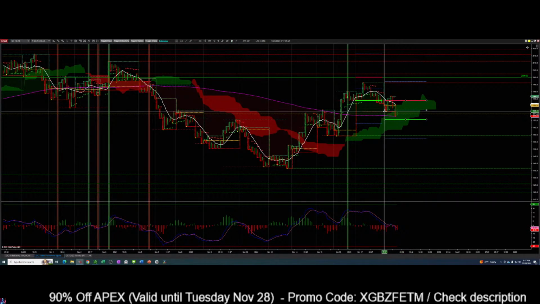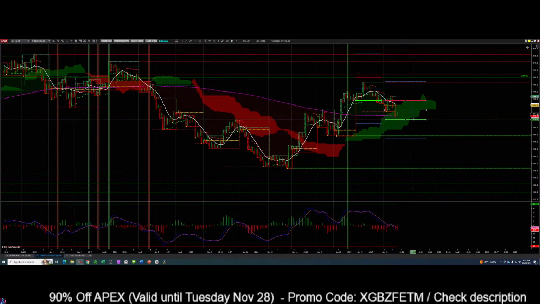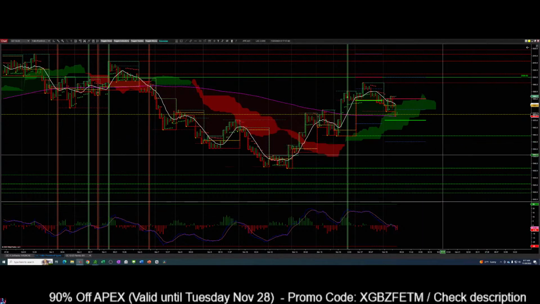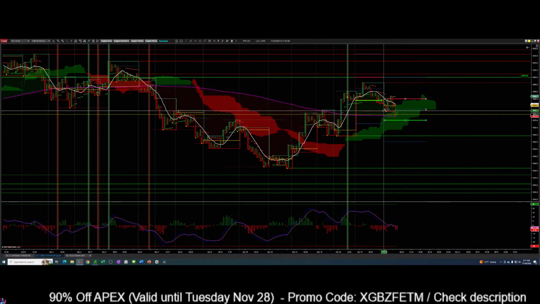Okay, so that would make us be at 1970 right here for support, and I'm gonna put this one at 1985. Let's see what happens there. Yeah, 1985, I'm gonna put that one there. Okay, so those are the levels for support and resistance for today.